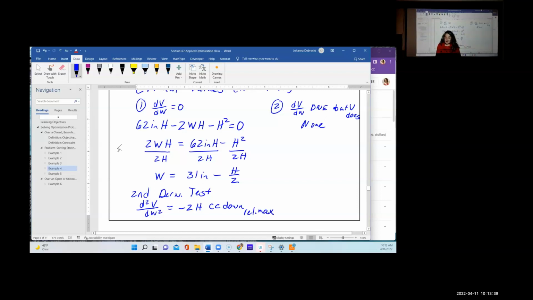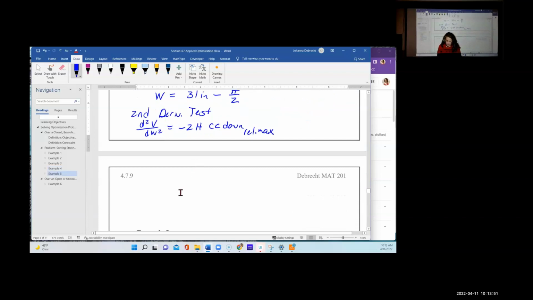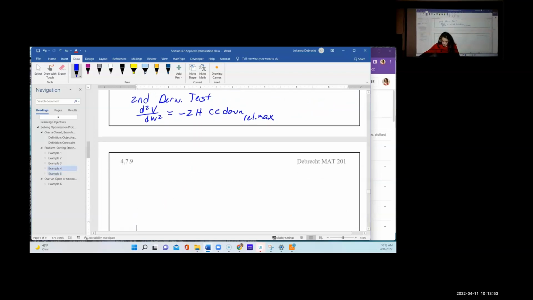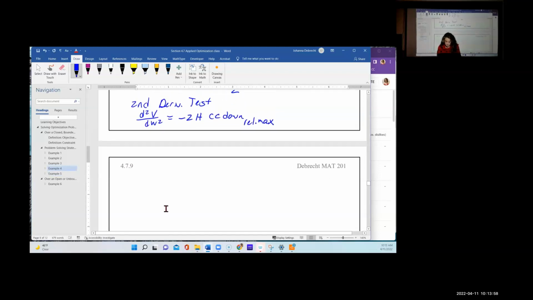Right? So once I know it's a relative maximum, I want to go back to my original problem and find the volume. So I need to find the length, width, and height. So remember my volume. I'm going to need more space here. My volume is length times width times height.